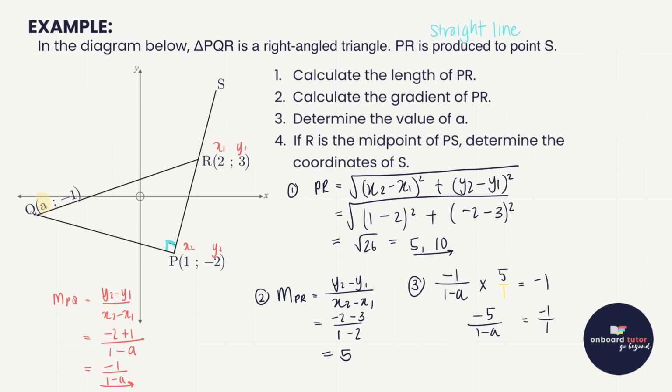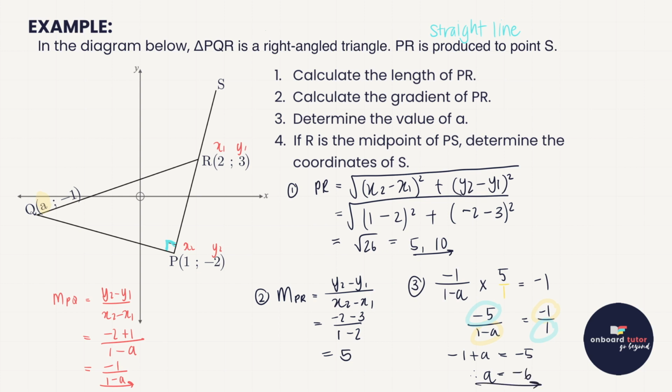We can cross multiply that. So we're going to take the denominator here times the numerator there, and the opposite over there. That is then going to become minus 1 plus a is equal to minus 5 if you multiply that out. And so a is equal to minus 6.